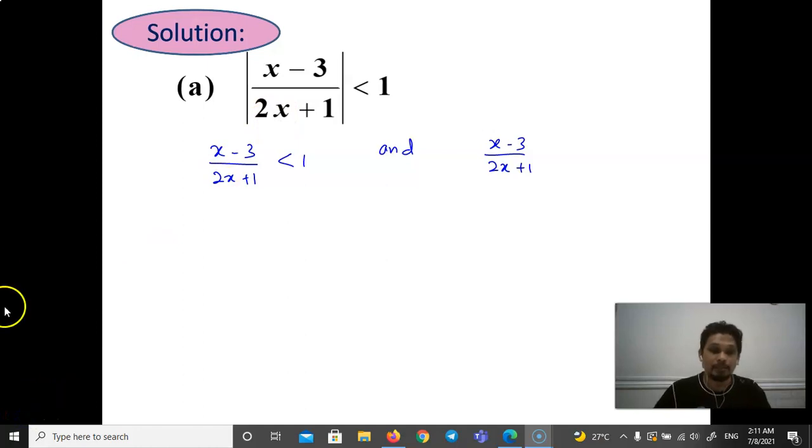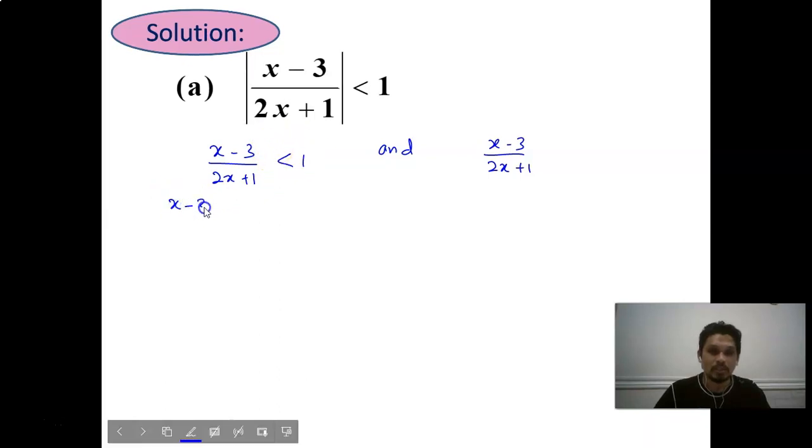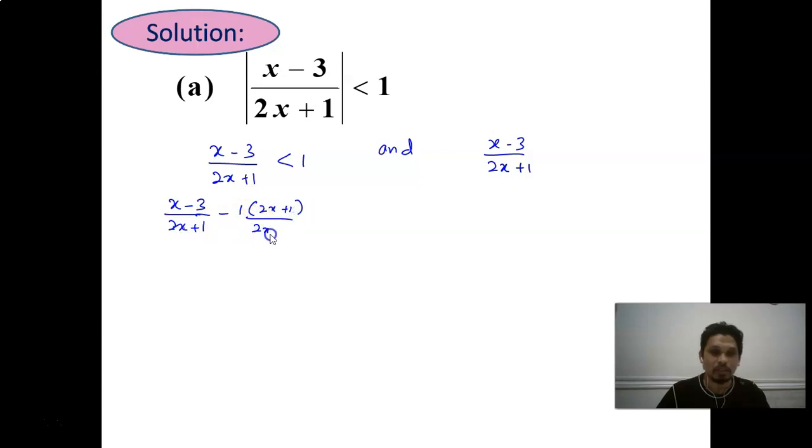Okay, now we bring the 1 to the left side: x minus 3 divided by 2x plus 1, the 1 becomes negative, minus 1. So I straightaway multiply and divide with the denominator of this here, 2x plus 1, so 2x plus 1 divided by 2x plus 1, less than 0.